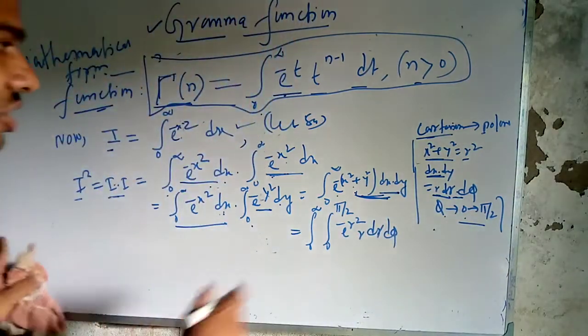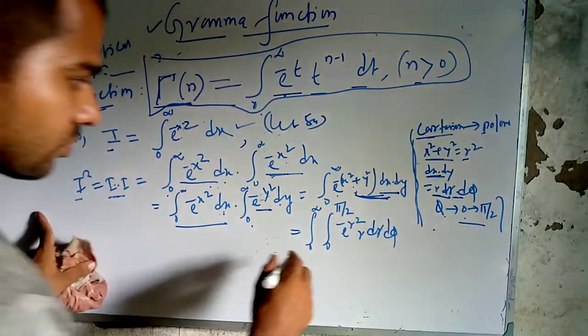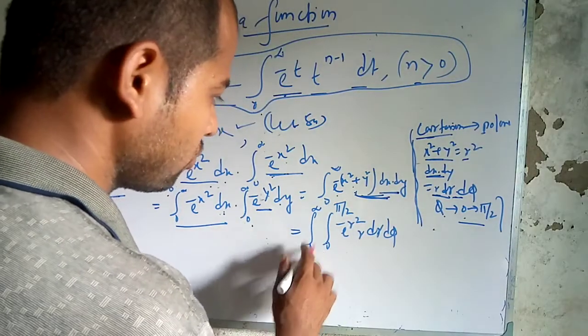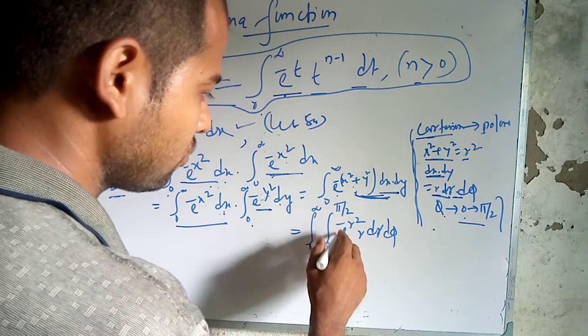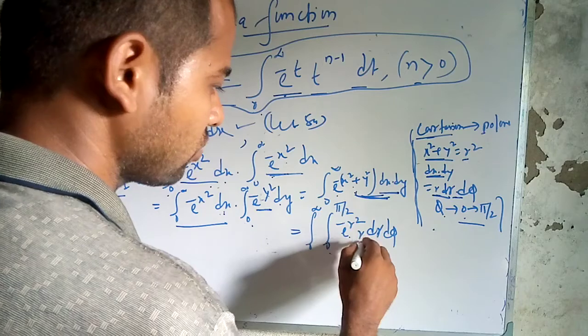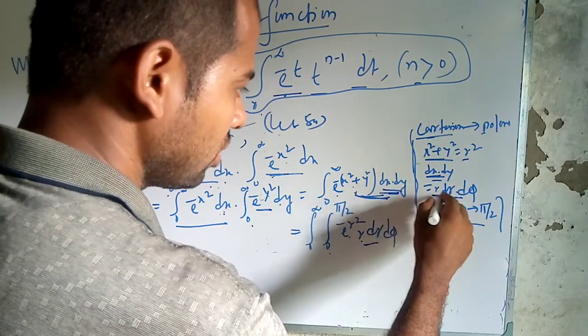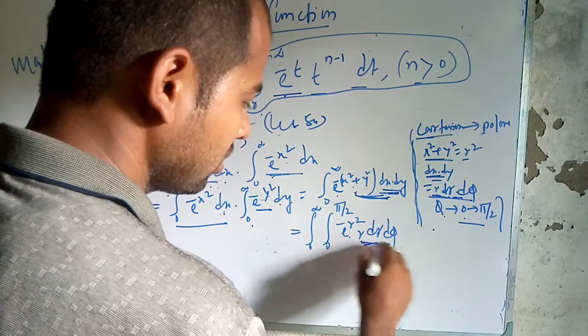Hence the double integral is over r from 0 to infinity and phi from 0 to pi by 2, of e to the minus r square, r dr d phi.